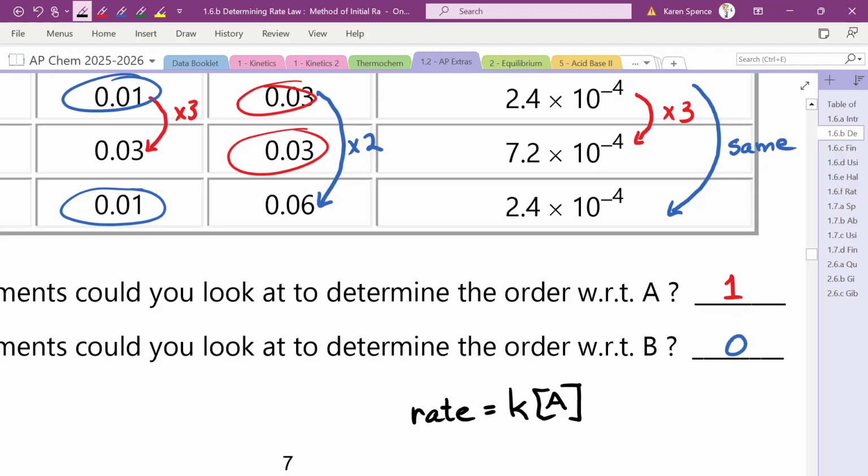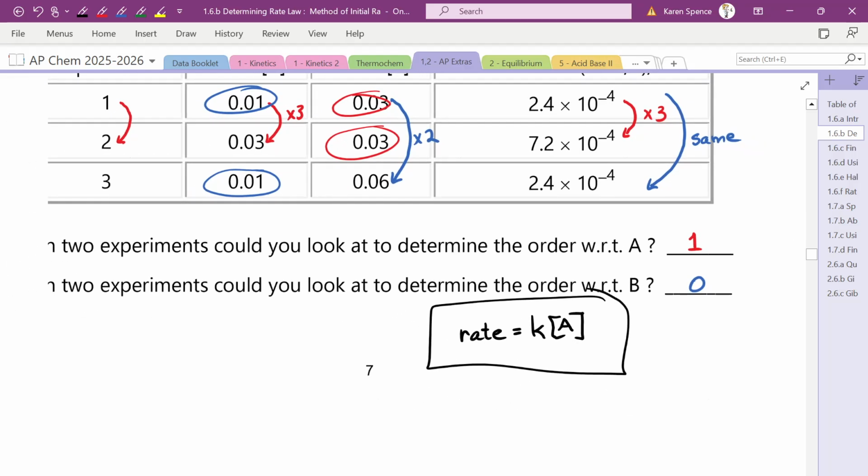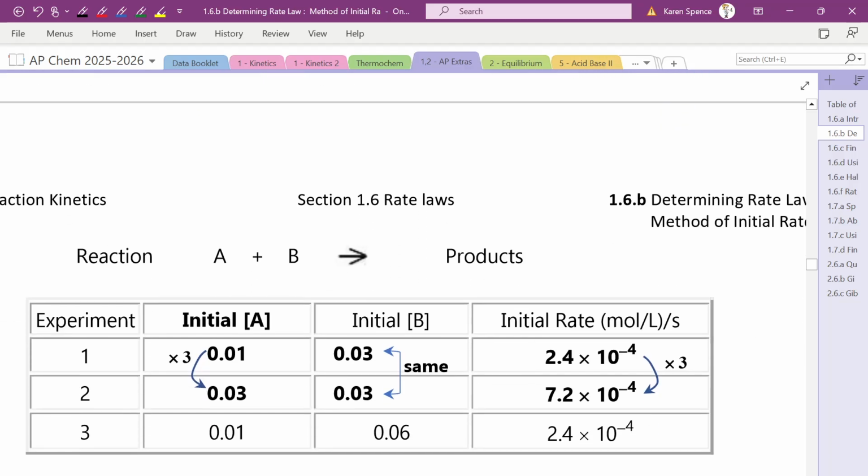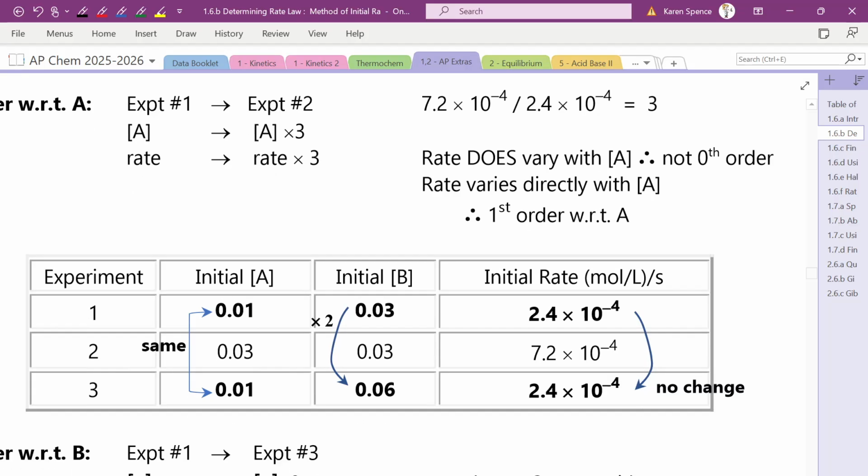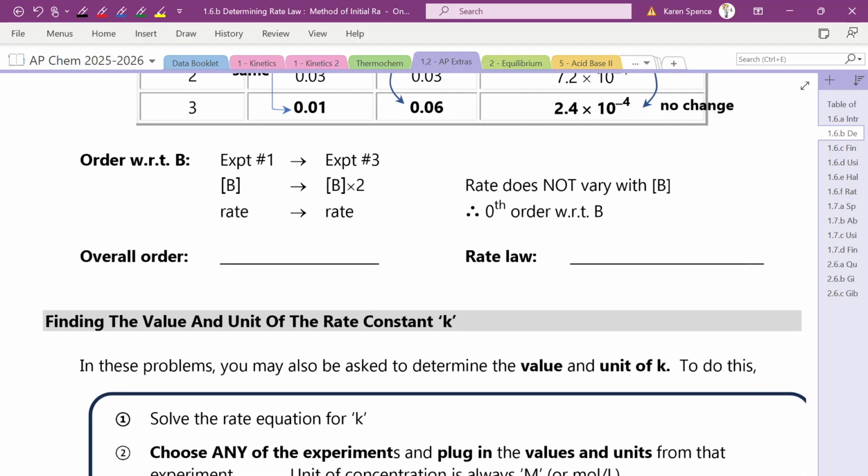I'm going to leave off the 1 now. And what do we do with B? It cancels out because it's just nothing. So that's it. That is your rate law. Okay? And this just walks you through it.